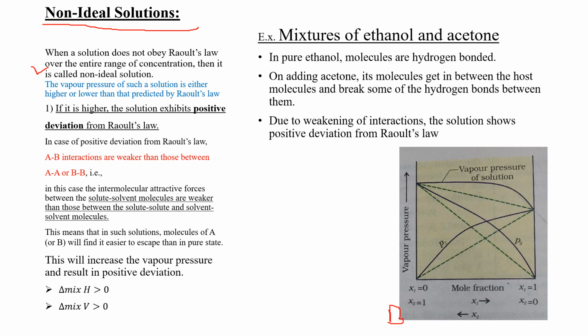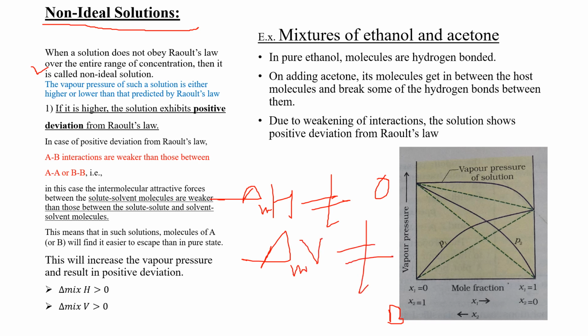So for non-ideal solutions, the value of delta H mixing will not be equal to 0 and the value of delta V mixing will not be equal to 0. If these values are not equal to 0, what does it mean? It means that either the values will be greater than 0 or the values will be less than 0.